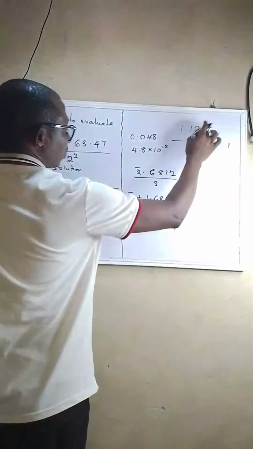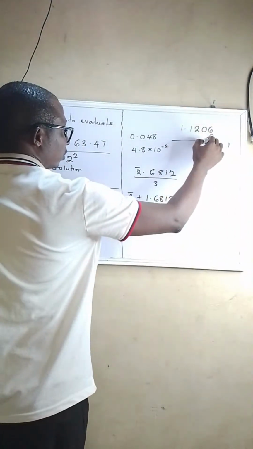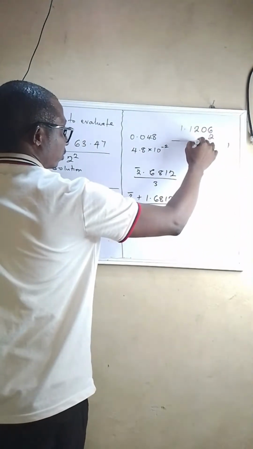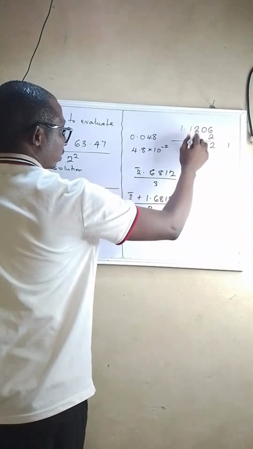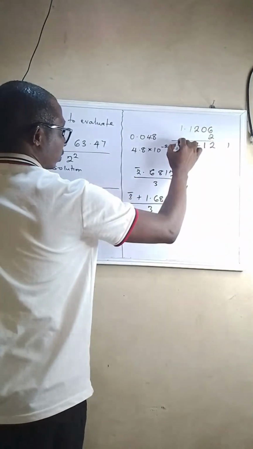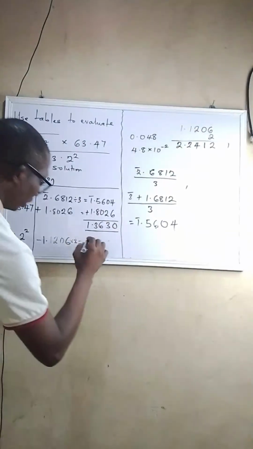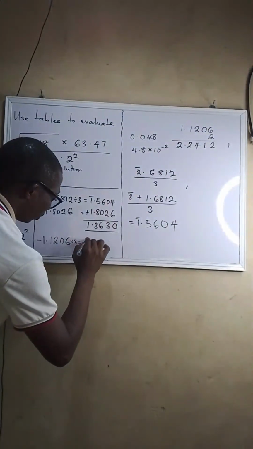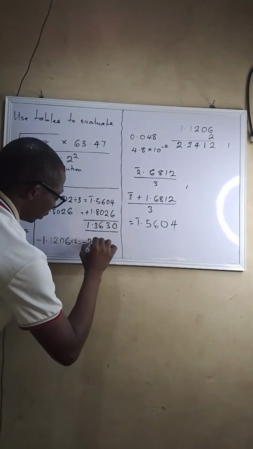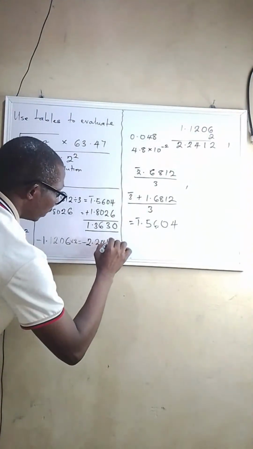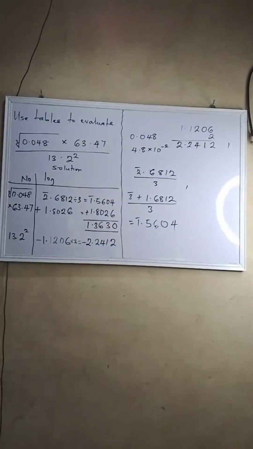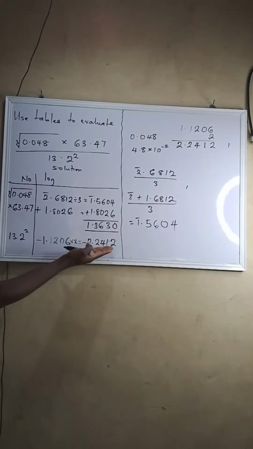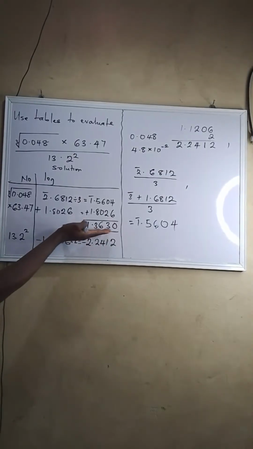We have 1. 2 times 0 plus 1, that is 1. 2 times 2 is 4. 2 times 1 is 2. So what we have is minus 2.2412.